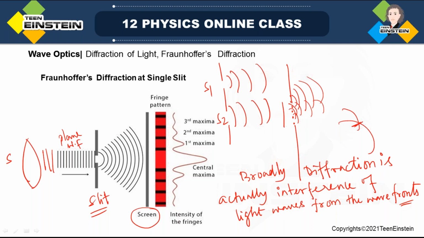Here waves are coming from the same source, in fact from different points of the same wave front.